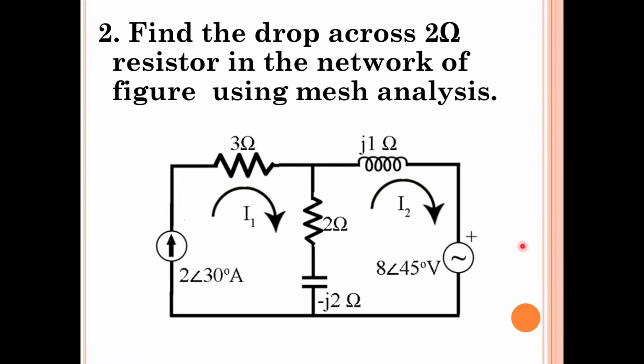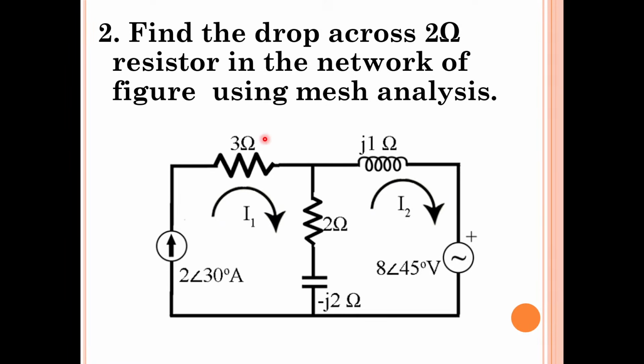In the question itself they have given the mesh currents, so there is no need to draw mesh currents on our own, and no need to decide in which direction they will be. We need not bother about the mesh currents at all.